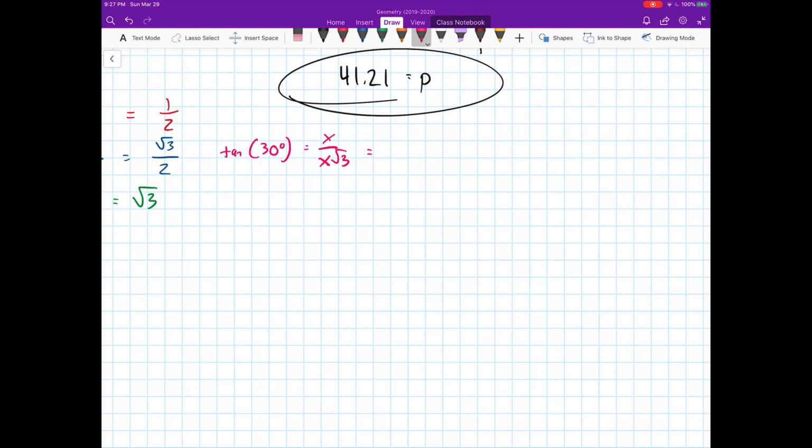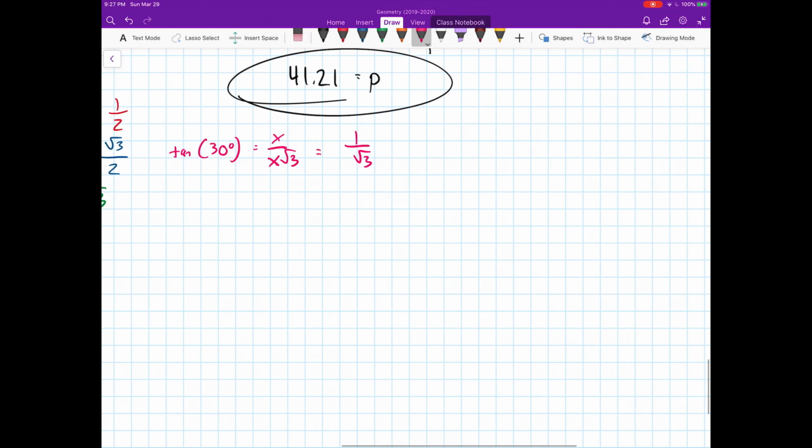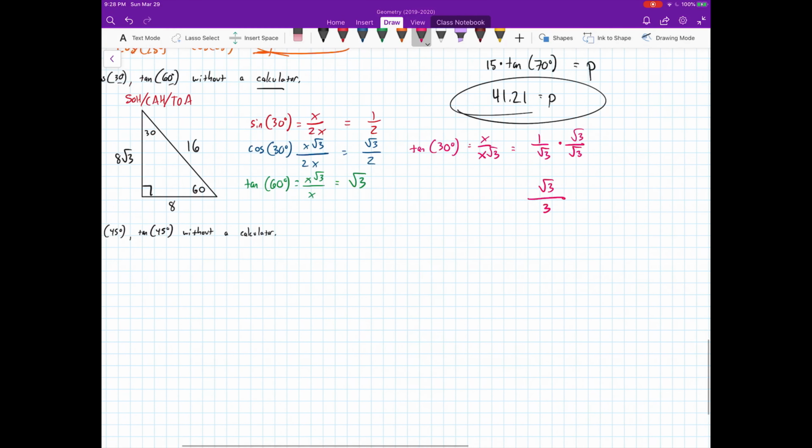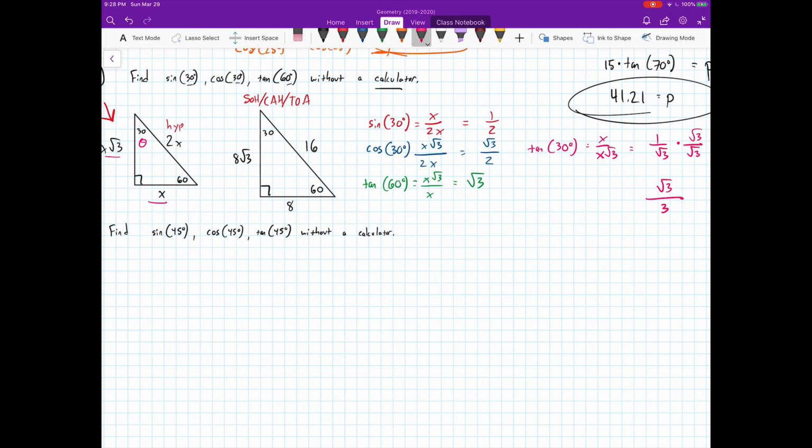And this one is complicated because now you're left with 1 over root 3, and we can't leave that in the denominator. So to simplify this, we just multiply by root 3 over root 3, right? And that gives us root 3 up top, and on the bottom, root 3 times root 3 is just 3. So tan of 30 degrees is root 3 over 3. And that's how you do it with the special right triangles.